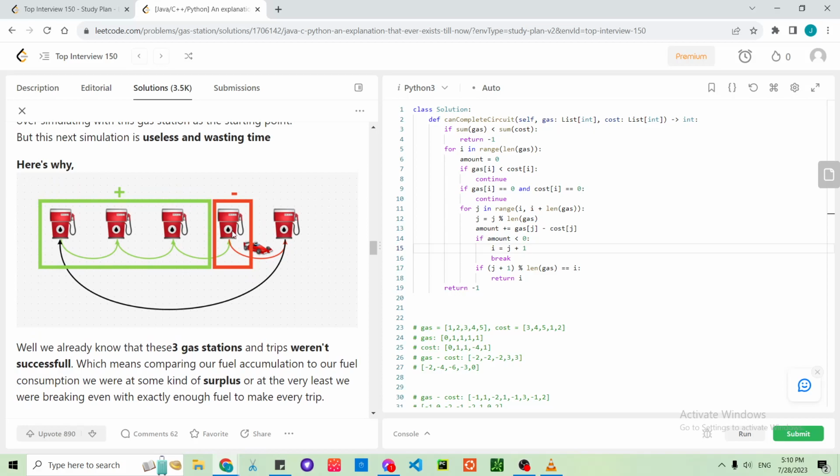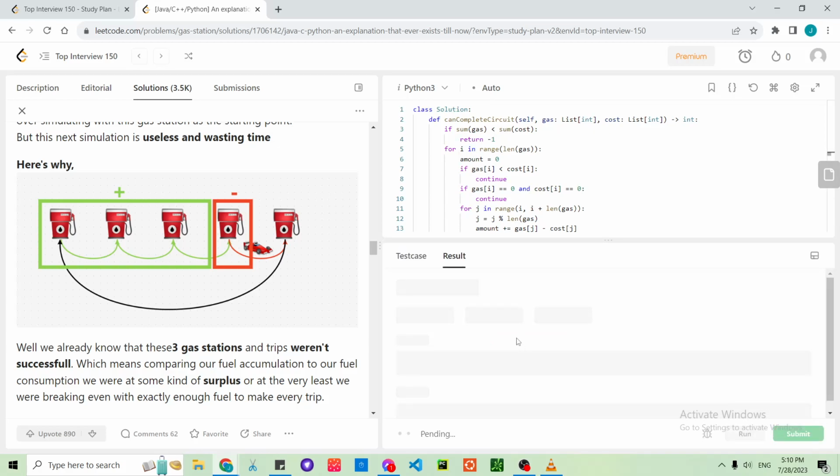The amount is gas minus cost. If this is negative, that's where negative happens, so we want to try with the next one as start index instead. And then we break out of this and then we continue. Okay.